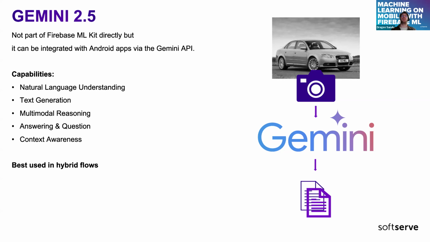It's available directly through an API, and it integrates really, really well with the other Firebase tools. Now, Gemini is not directly part of Firebase machine learning, and moreover, Gemini runs completely on the cloud, so no on-device capabilities here. So you will need to send data to Gemini in the cloud. But it is really, really powerful and can give us a lot of options.